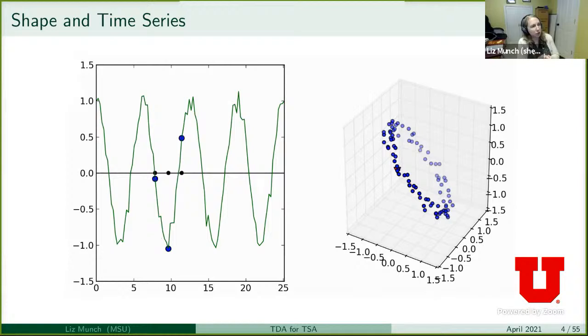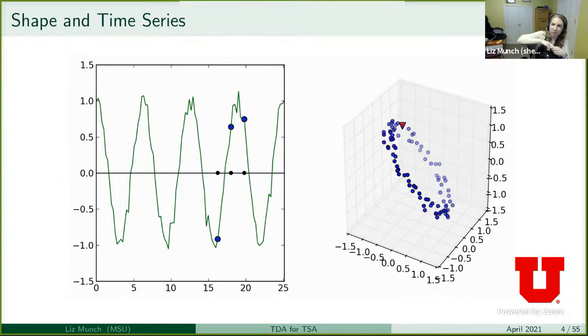And so what I can do is use this trick called Takens embedding, which basically embeds my time series as a point cloud in R^n space or wherever you want to live. And in particular, this has nice properties in terms of trying to reconstruct your original attractor. So in the case of this guy, I've got a periodic time series input, basically just this wiggly sine curve.